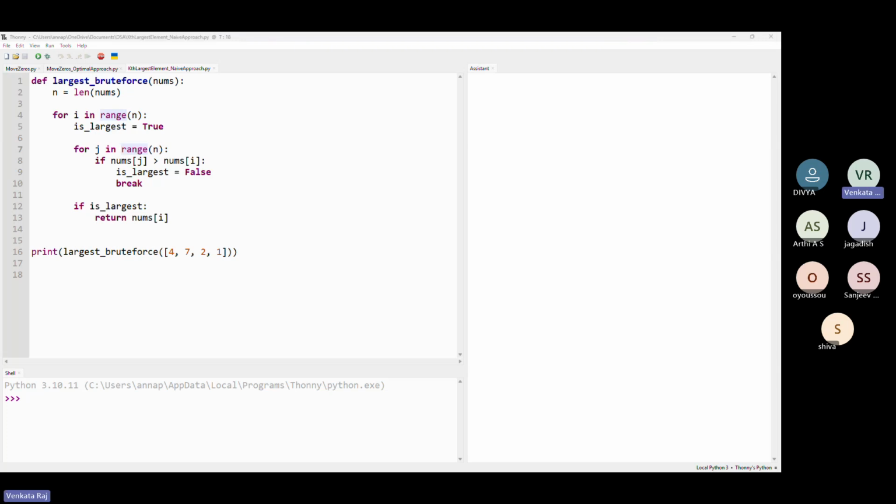So let me put it like this: j in range, starting from i plus 1 to n. Okay. Let me save this.